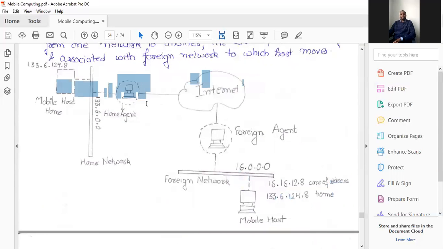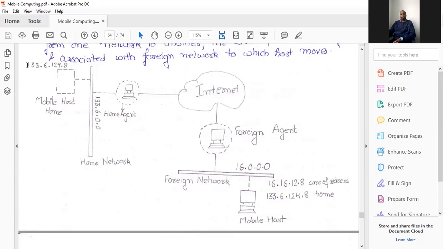So let's say this is a mobile phone. Of course, this is not a very perfect drawing because this shows a desktop PC. But let's talk about this being a mobile phone and this being a mobile phone. This mobile phone is in a different network from this one. So this one is in a foreign network, this is in a home network.